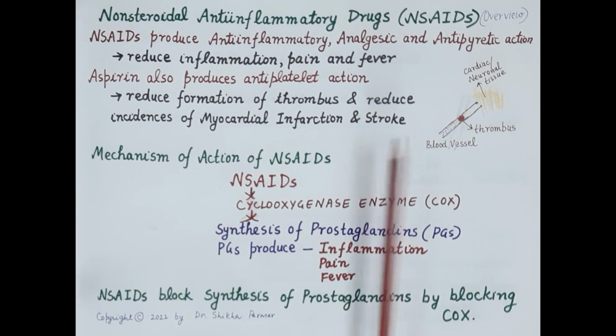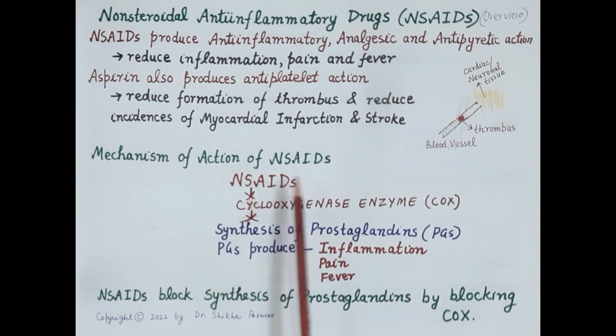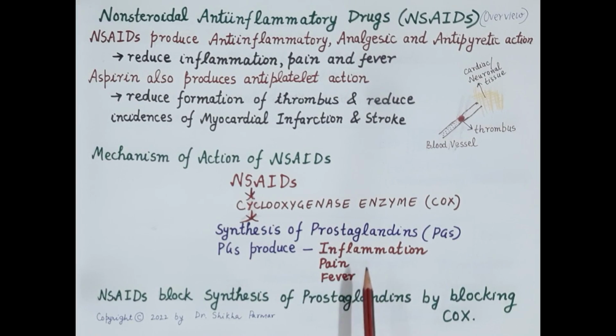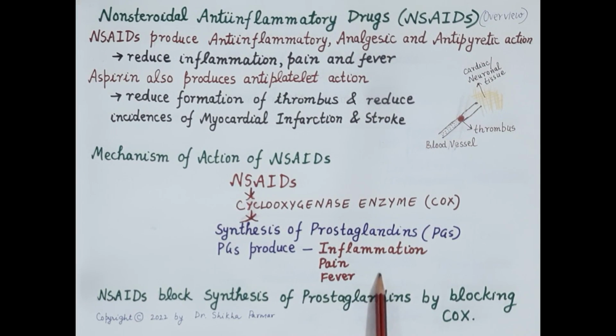Now, let's understand the basic mechanism of action of NSAIDs. NSAIDs reduce inflammation, pain and fever. Now, what causes this inflammation, pain and fever? Inflammation, pain and fever are caused by the synthesis of prostaglandins.